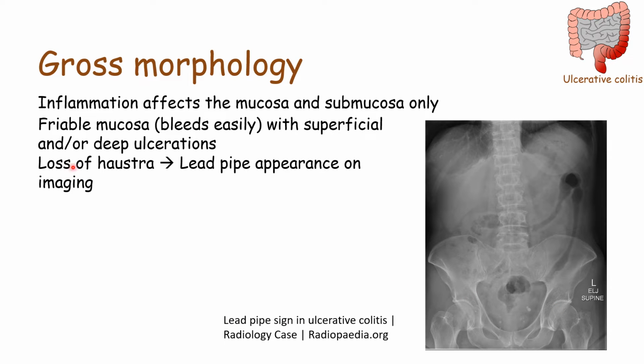So like I said, we have loss of haustra, leading to a lead pipe appearance on imaging. So here we have the large bowel, the descending colon here. You can really see how it just looks like a continuous pipe, like a lead pipe, and there's the loss of haustra.